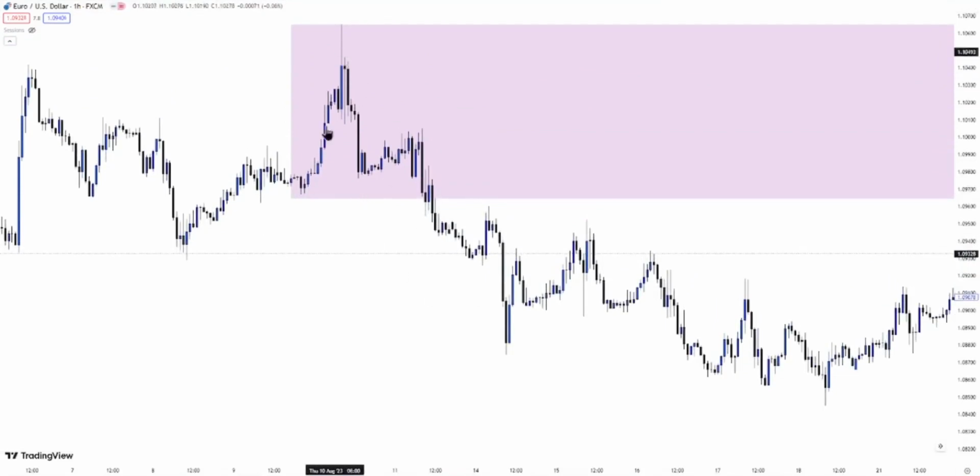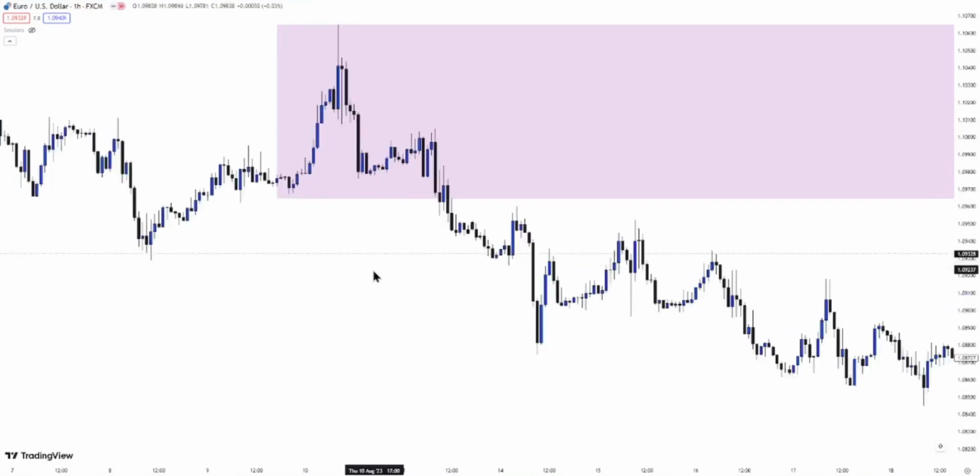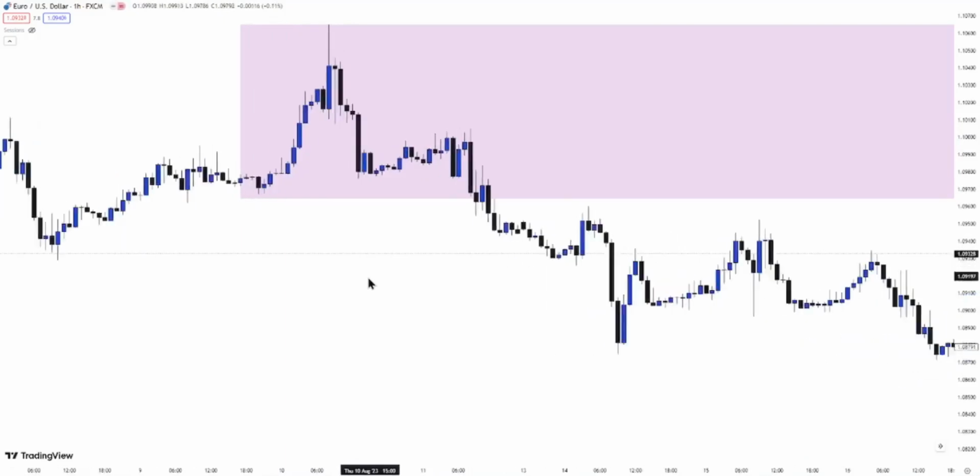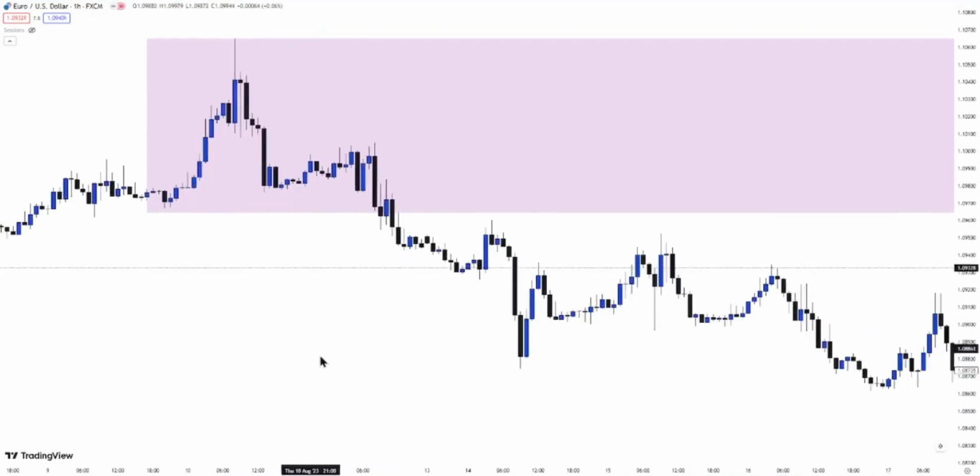Okay, so here price has already mitigated everything, and now the only points of interest we can look at here are these 2 points of interest. For me, I will first of all look at this as my point of interest. I'm talking about refining your daily time frame DOB.